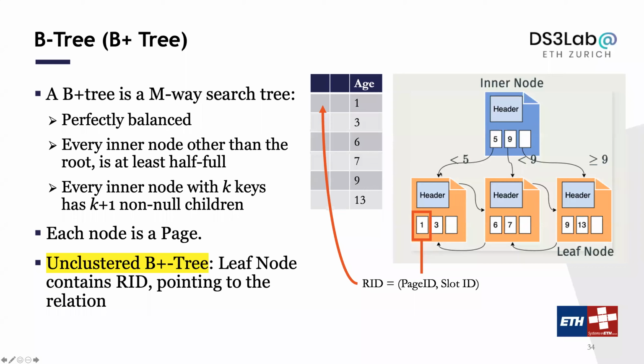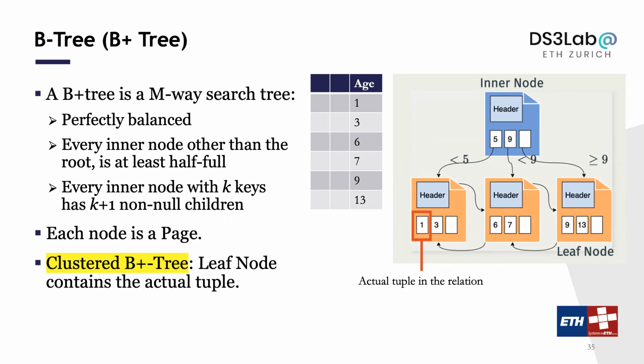I'm going to find the right leaf node. I look here and say, oh, this tuple has age equals 3. And then from this leaf page, I'm going to have the RID of that tuple. I have a page ID, I have a slot ID, and then I can read it in my heap file to fetch that tuple. Okay, so if you have this type of thing, it's called unclustered B tree.